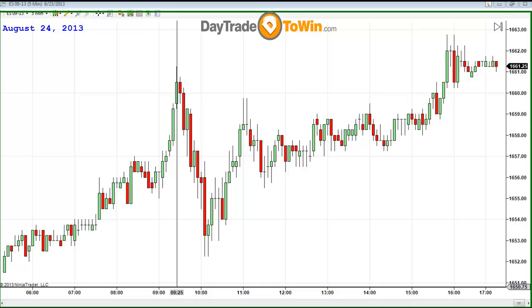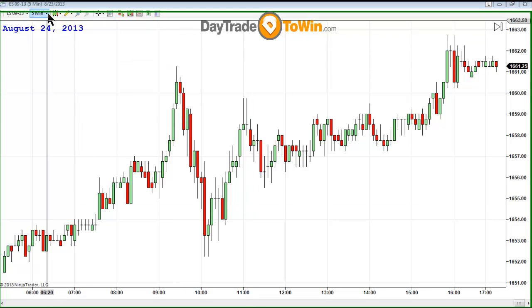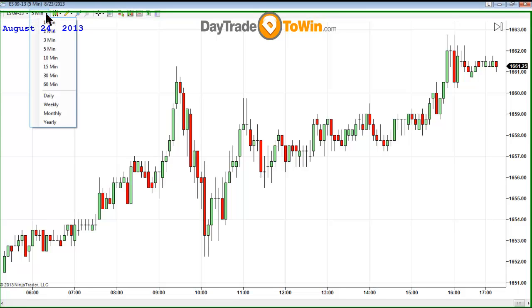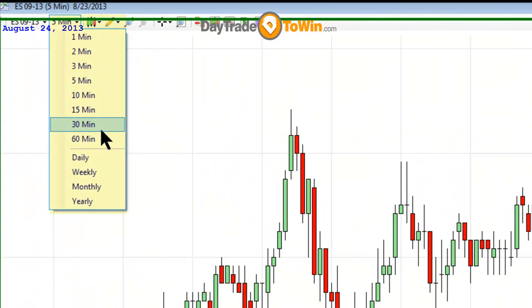Now, the idea about using a 5-minute chart, and what I want to bring to you here in the presentation, is what is the best way to understand the price. I bring to the attention of a lot of traders that you may not know, but if you look here at what most of the traders are looking at as far as a time scale to trade, you can see here that you have a 1 minute, a 30 minute, a 15 minute, 10, 5, 3, 60, daily.